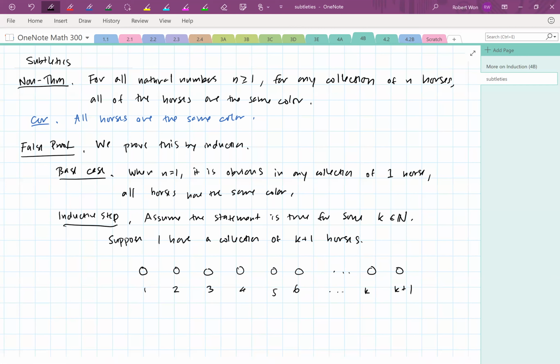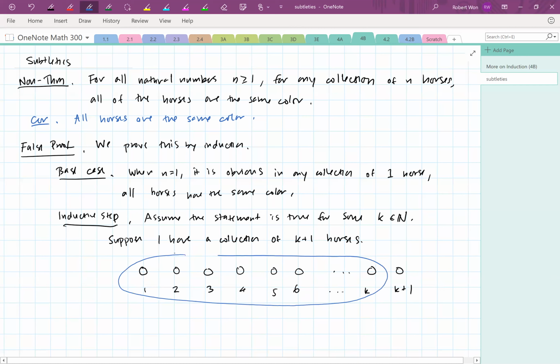But by the induction hypothesis, the statement is true for k, which means that any collection of k horses, all of them have the same color. So here is a collection of k horses. By the induction hypothesis, all of these have the same color, right? Because I get to assume the statement is true for k. So by the induction hypothesis, I guess I'll write it in blue.